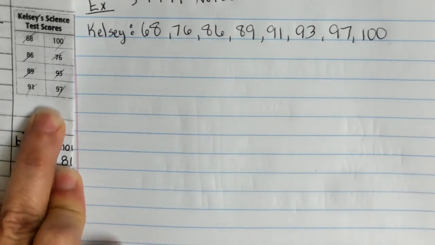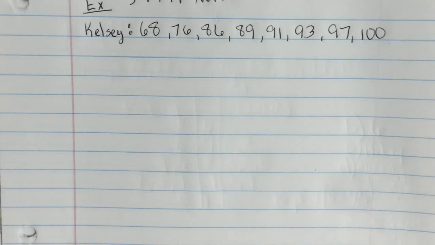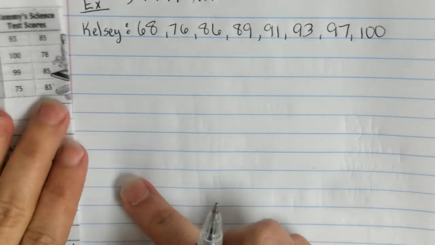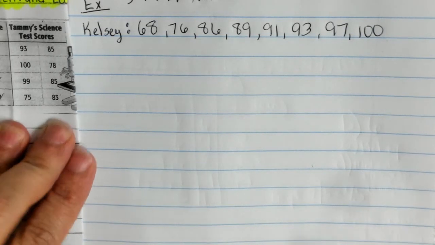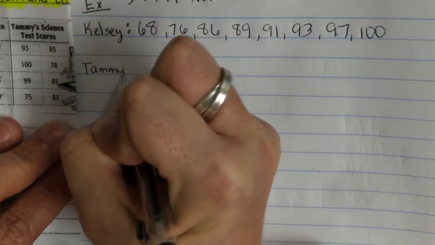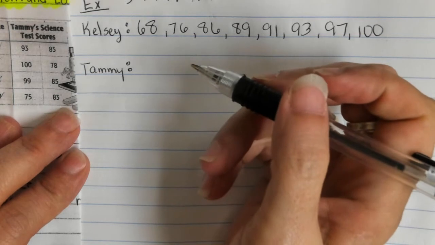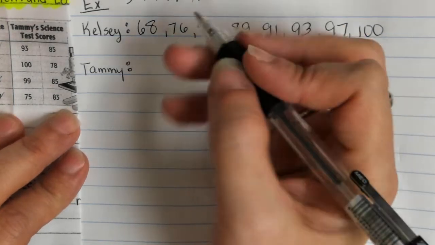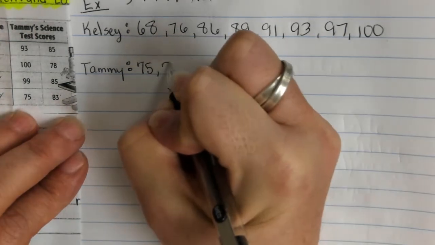Kind of checking my list, making sure I got it all right. Now I'm going to have to do the other person. You might want to leave some space between them in case we need it. The other person's information is Tammy. So I'm going to go once again least to greatest. If you try to skip this part, to be honest, you will probably make a lot of errors.